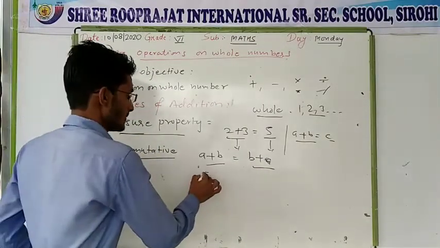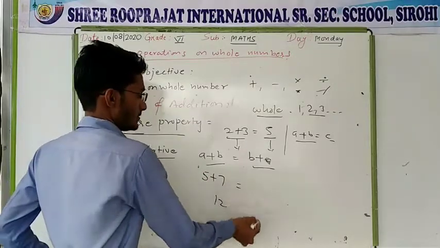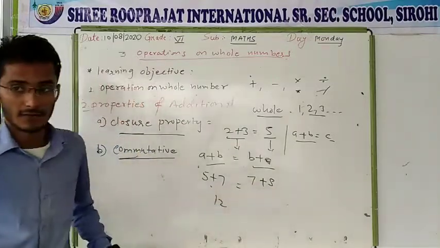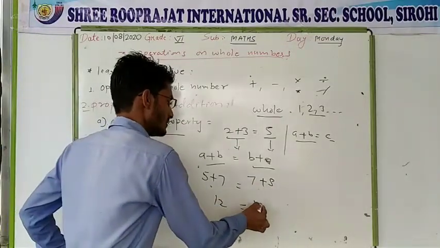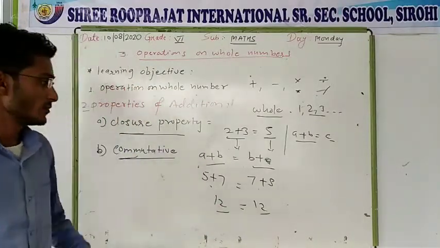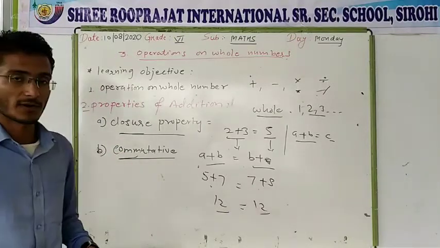Suppose there are two numbers, 5 plus 7. You will get 12. In opposite order, 7 plus 5, both times you get 12. So if you add two whole numbers in two different orders but still get the same answer, that is called the commutative property.